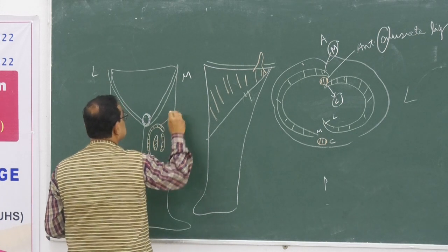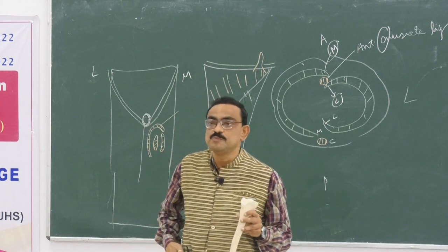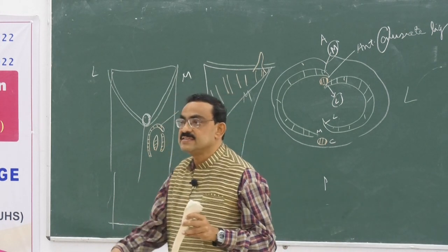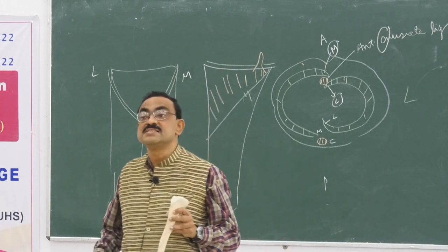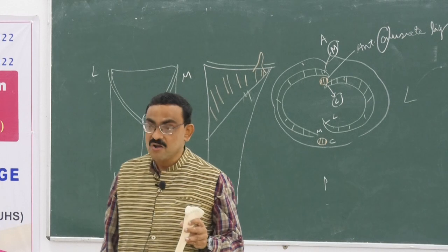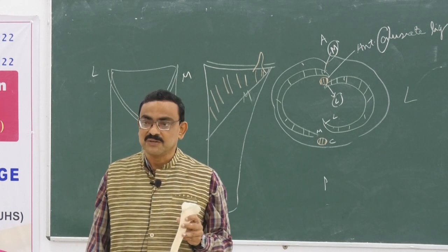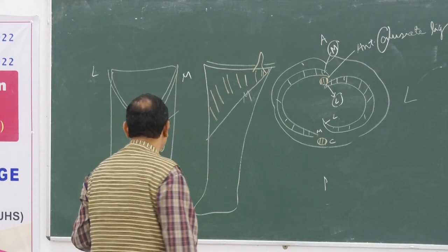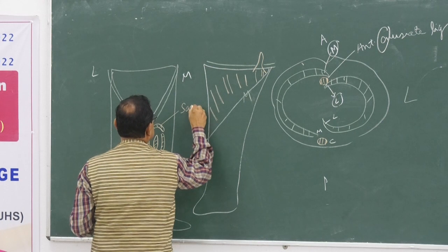This is the attachment of one muscle which comes out from the anterior superior iliac spine and it is attached in the tibia. This is the sartorius muscle, which is also called the tailor's muscle. So this inverted hockey stick appearance is the sartorius muscle.